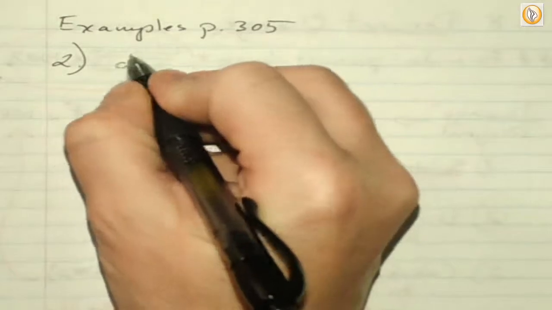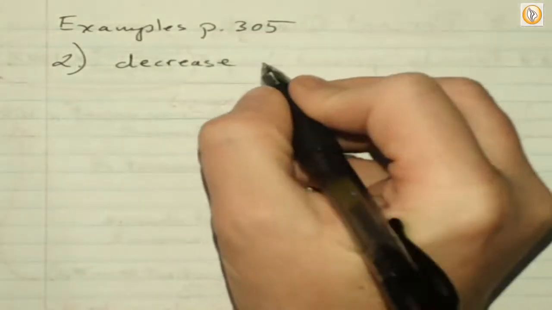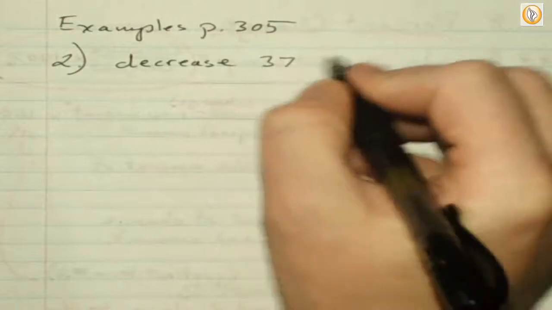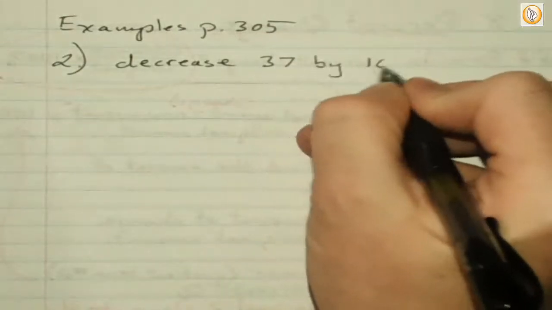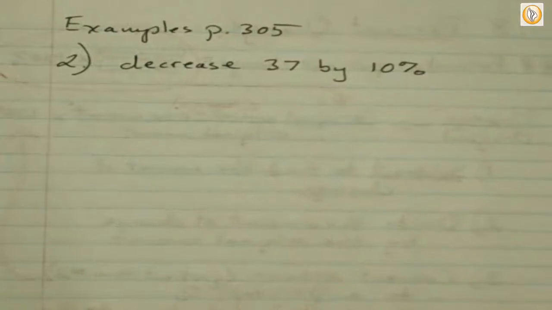Okay, they're telling us to calculate the new amount. So we have it says a decrease. It says decrease 37 by 10%. Decrease 37 by 10%. All right.